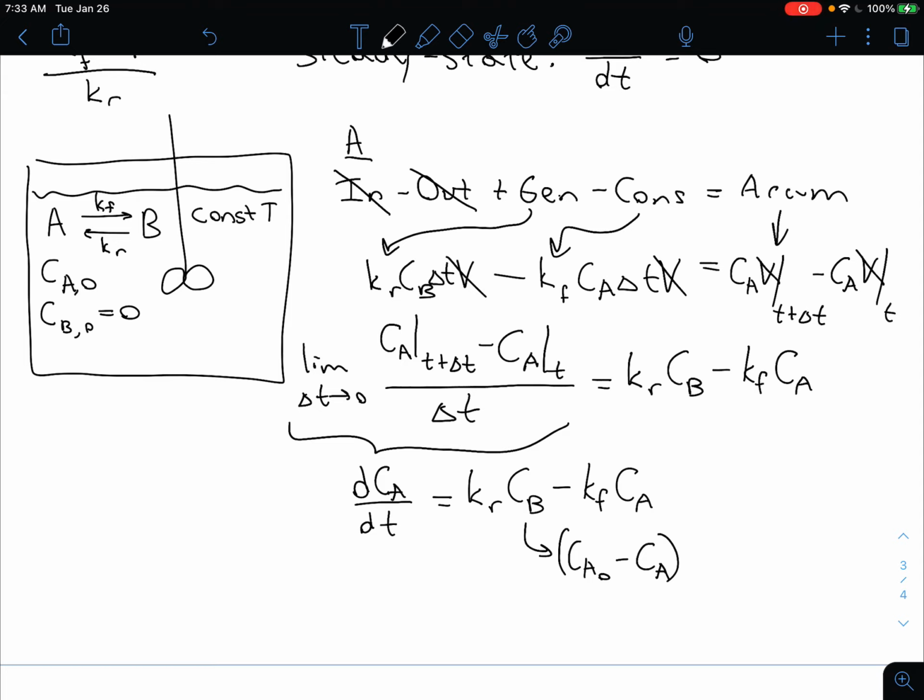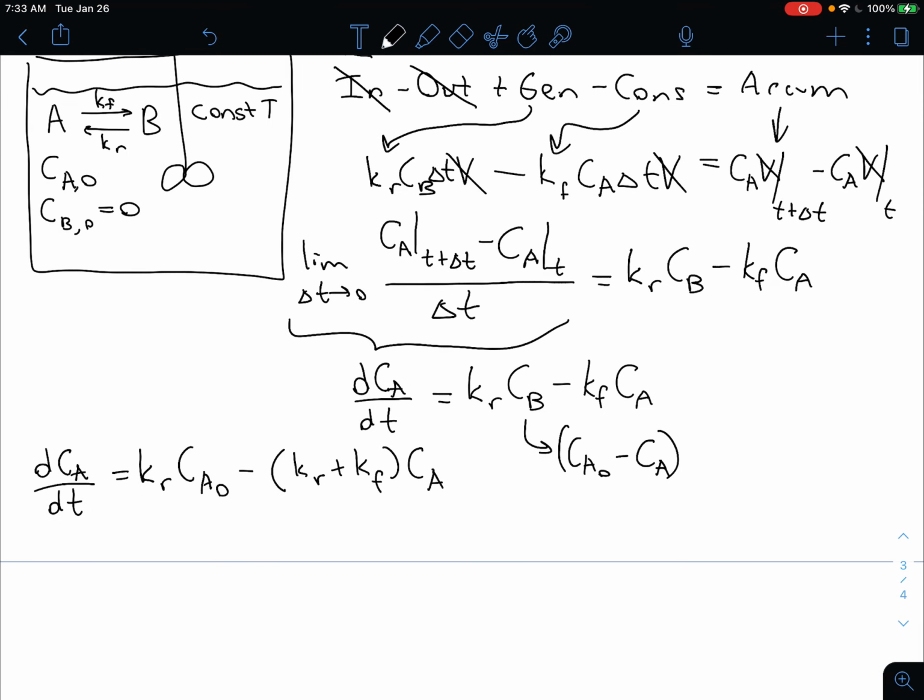Now, let's collect terms. So what we're going to get is dCa dt is going to equal k reverse Ca naught minus (k reverse plus k forward) Ca.